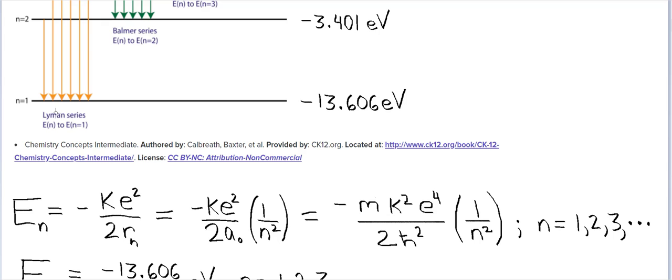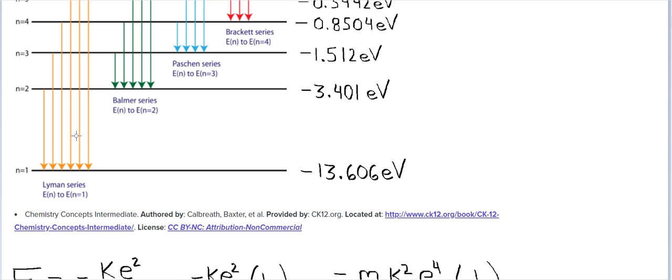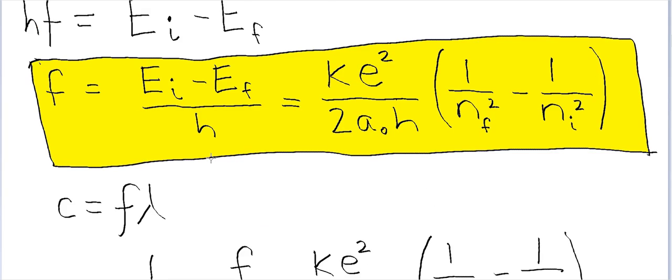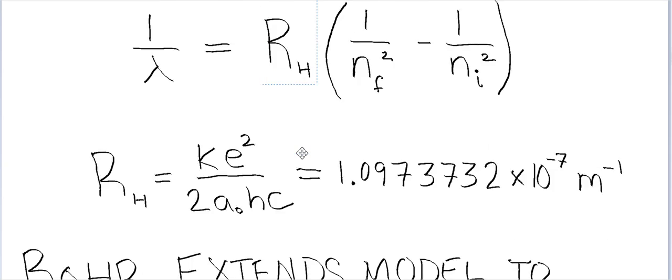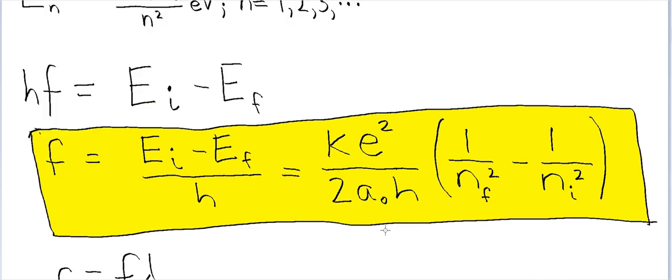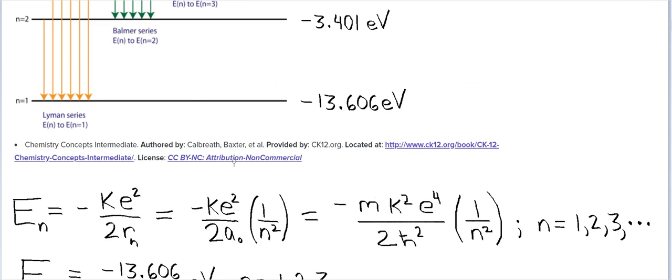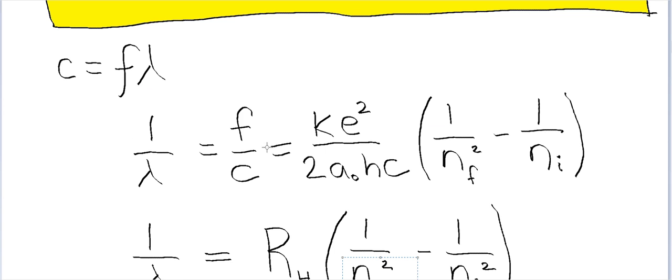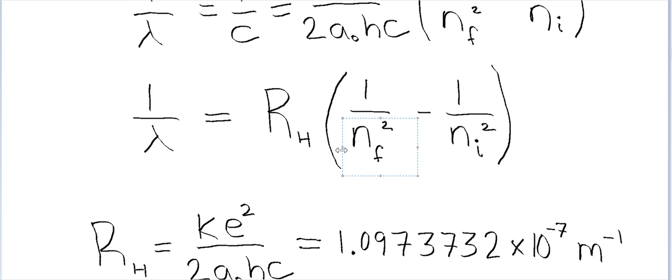So for the Lyman series, you're just dropping down to n equals 1. For the Balmer series, you're just dropping down to n final equals 2, and so on and so forth.